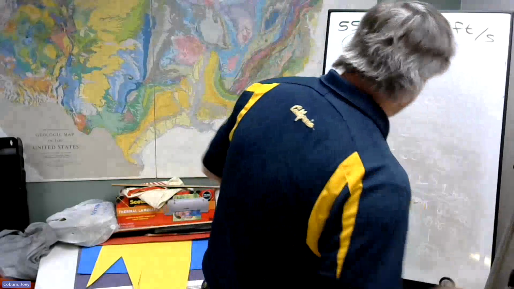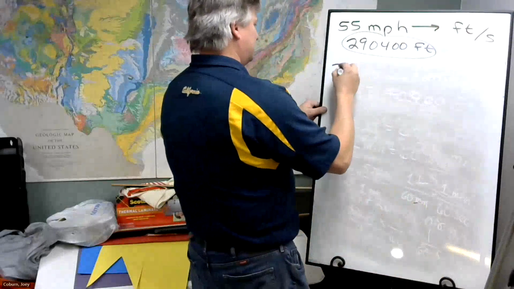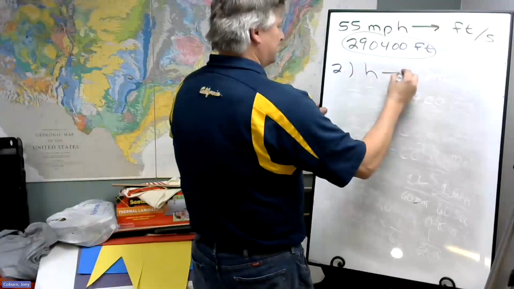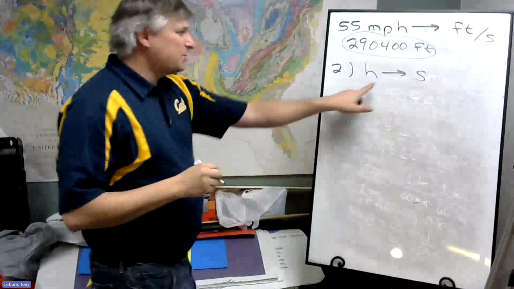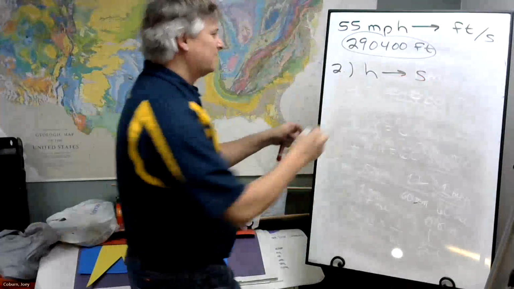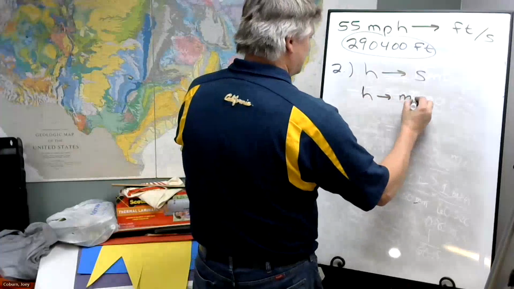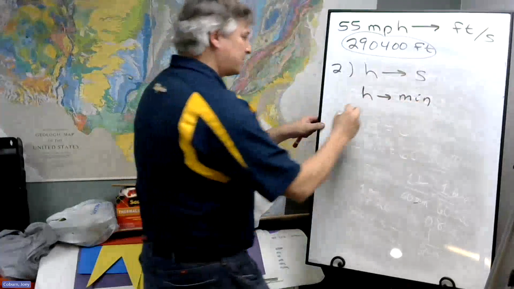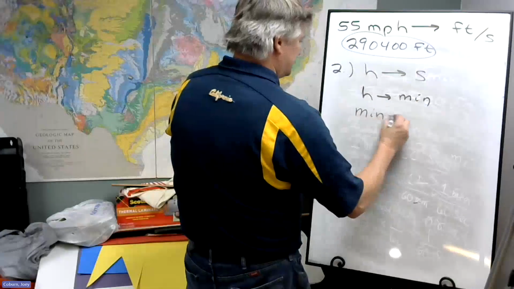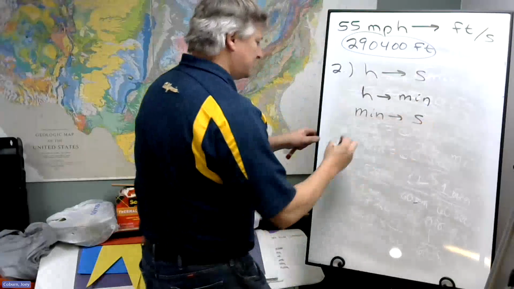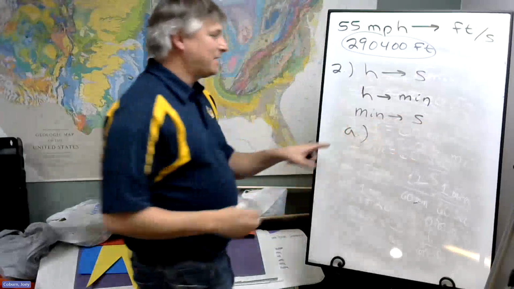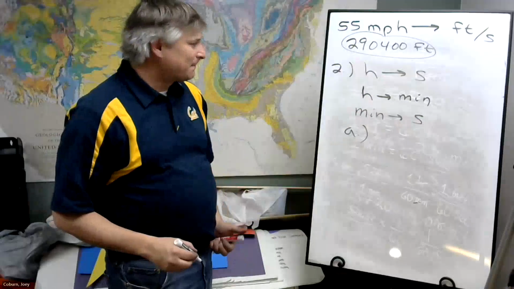The next step, let's go hours to seconds. And I'll do this stepwise also. So first off, we need to go hours to minutes. And then stepwise, we'll go minutes to seconds. So this will be like 2A, hours to minutes.